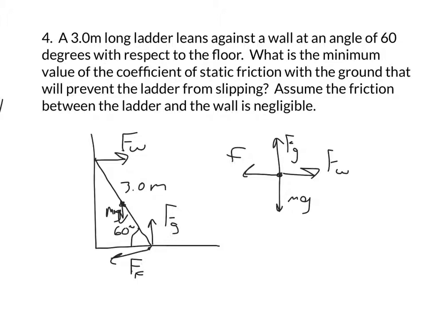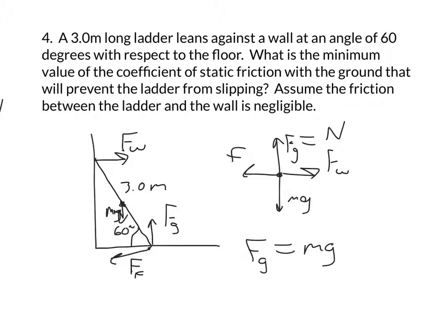So if this is truly in static equilibrium, you can divide this up vertically and horizontally. In the vertical direction, the force that the ground pushes up with should be equal to mg. I might relabel this force the normal force, because even though they're both normal, the ground force is the one that's going to cause the friction.